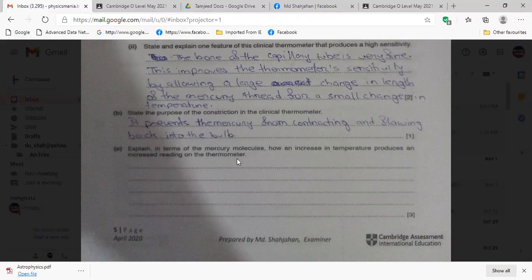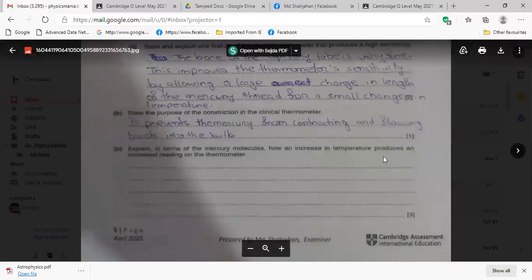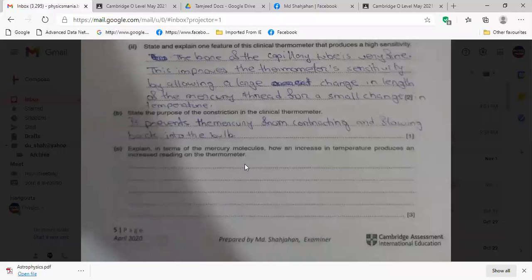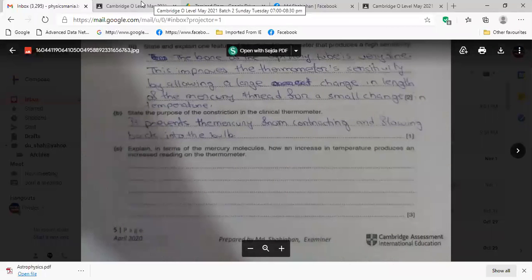So if you think about the mercury molecules, mercury is liquid, right? If temperature increases, then what happens to liquid molecules? They gain energy. Then what do they do? They move up. They expand. Their movement is more, right?